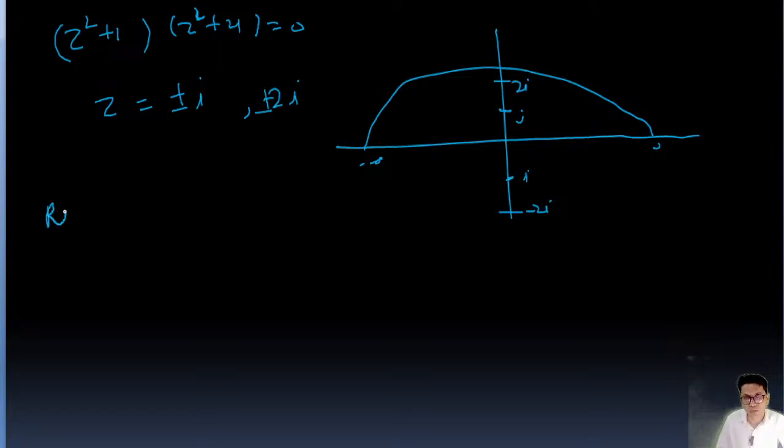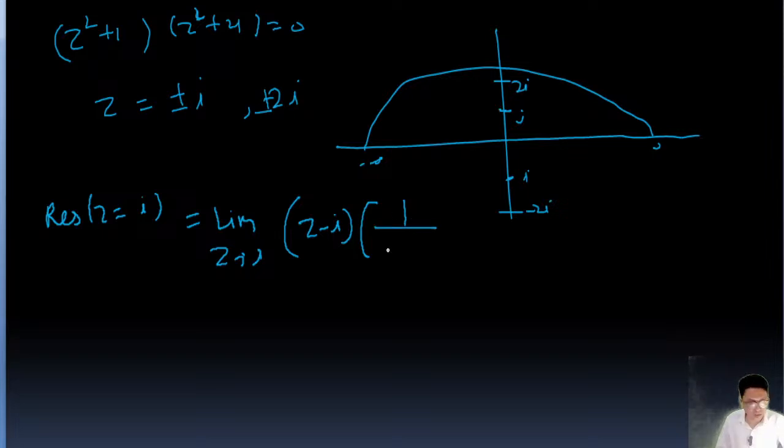Semicircle contour. So the residue at z equal to iota is going to be the limit as z tends to iota of z minus iota into 1 upon z plus iota and z minus iota into z square plus 4.